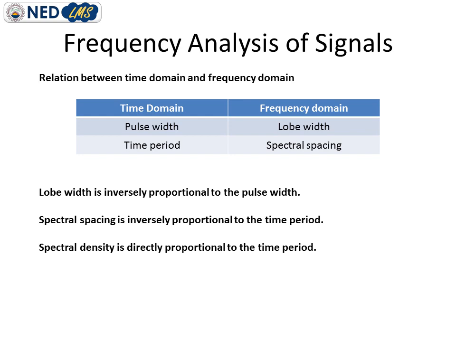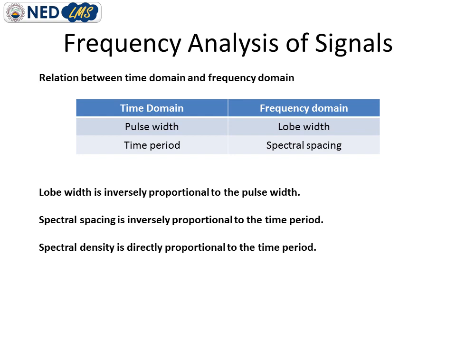The next thing is spectral density, which is how dense our spectrum is, or the total number of spectral lines in the central lobe.